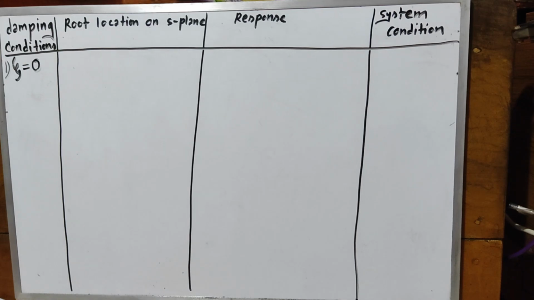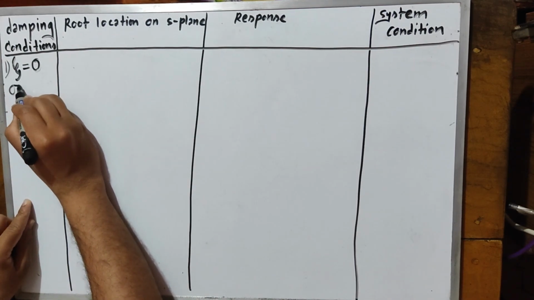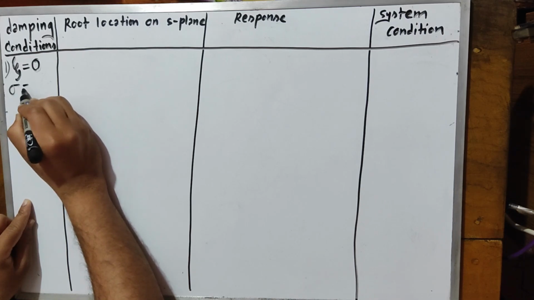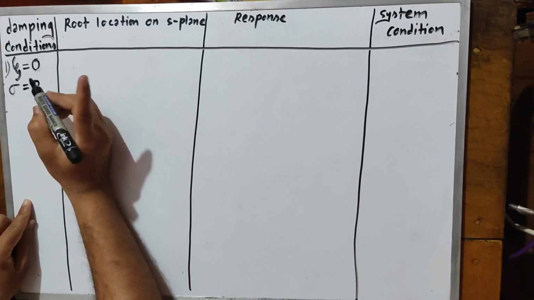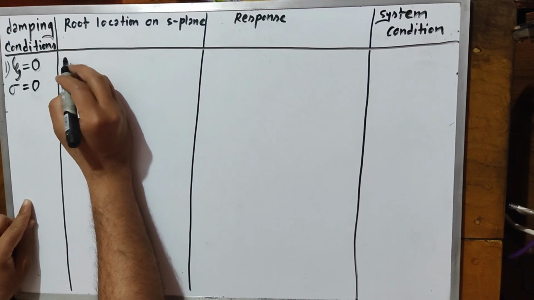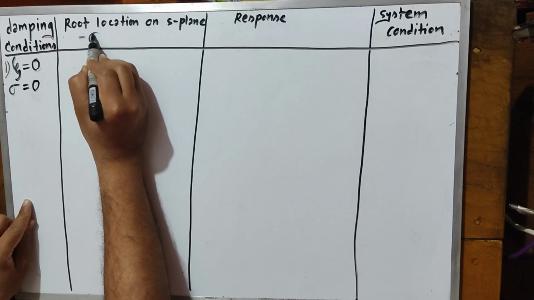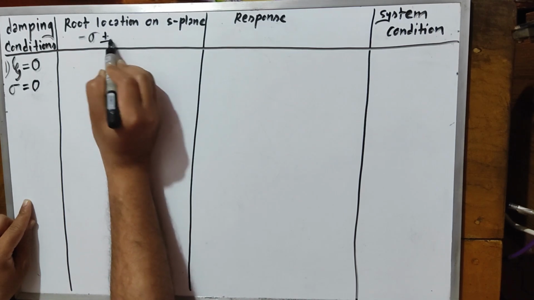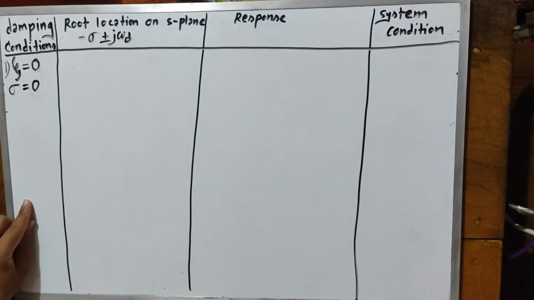When this is the case, the Napier frequency is also 0, for which the characteristic roots are minus sigma plus minus j omega d.